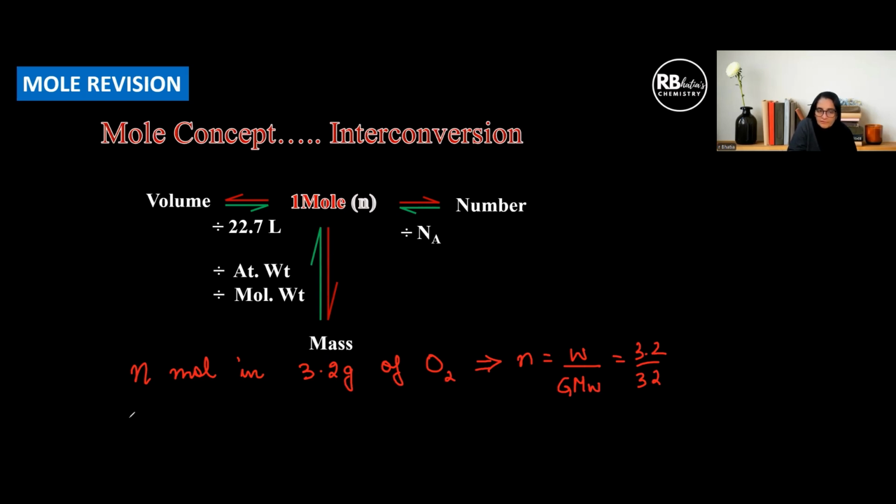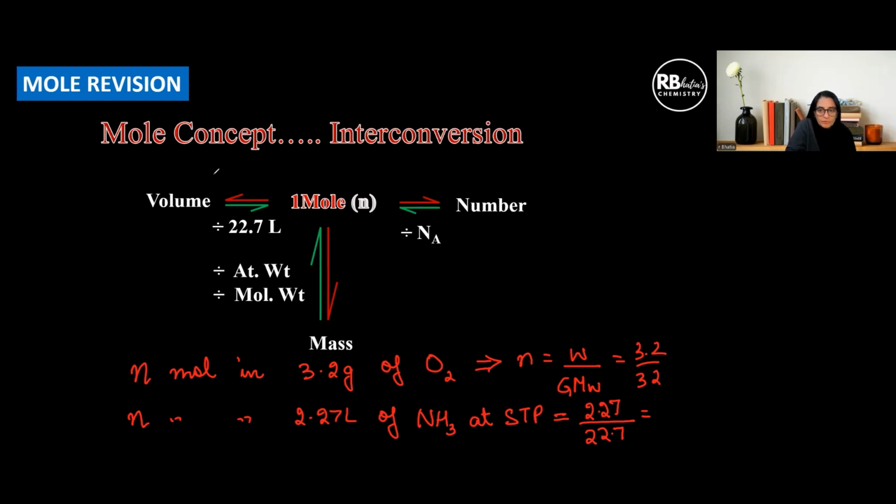Similarly, if I ask you number of moles in 2.27 liter of ammonia gas at STP. Remember, we can use the number 22.7 only for volume at STP. Given volume divided by 22.7, this is going to give me number of moles from volume.